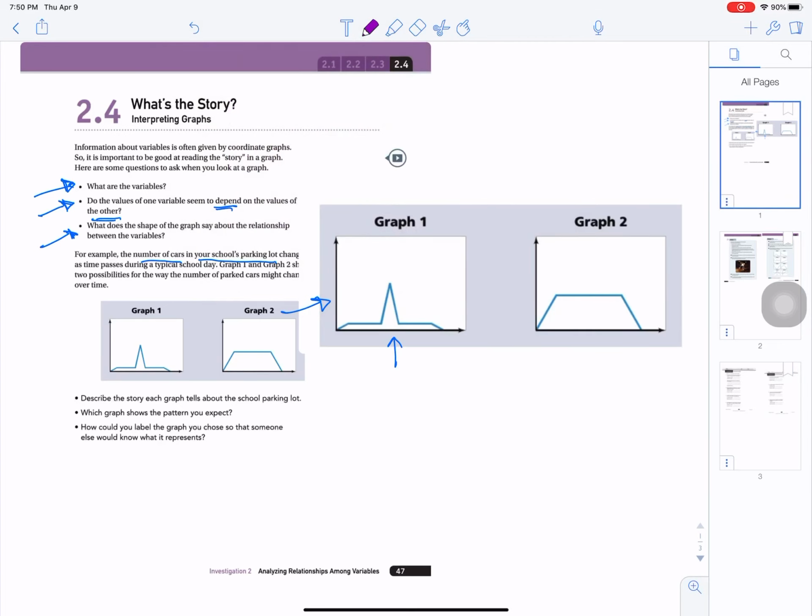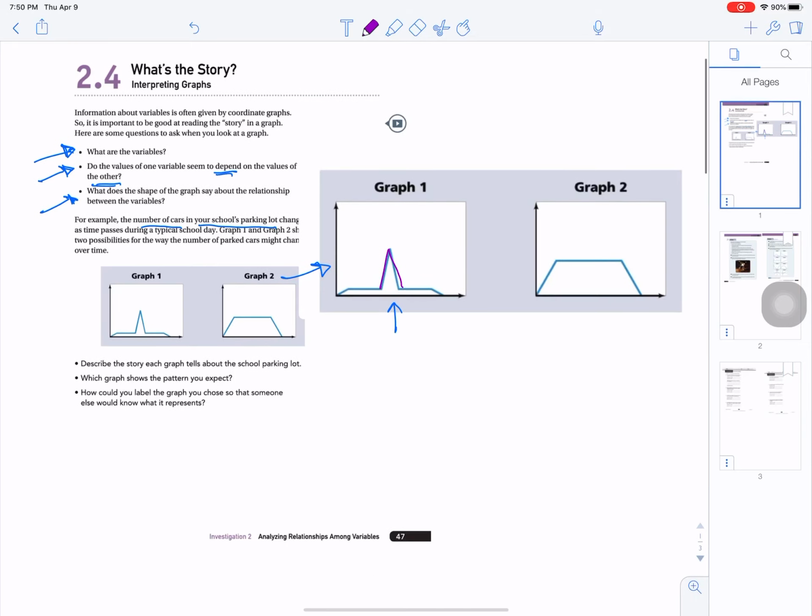There seems to be this spike of something, and so I know it's about cars. So I'm going to put cars in school parking lot, right? So what could explain this spike in the middle of this day?